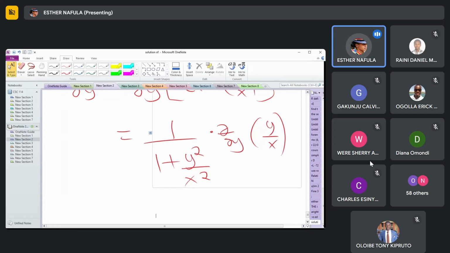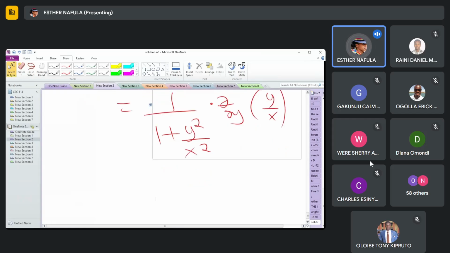If you differentiate y over x partially with respect to y, holding x constant, what do you get? What is partial y of y over x? 1 over x. So you get 1 over x.